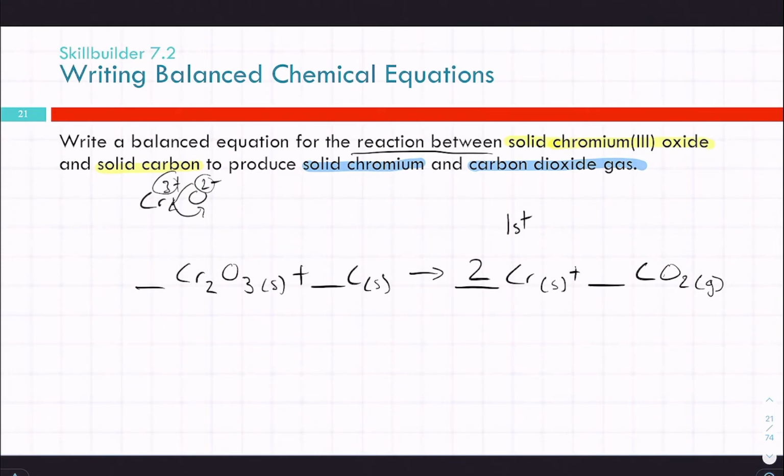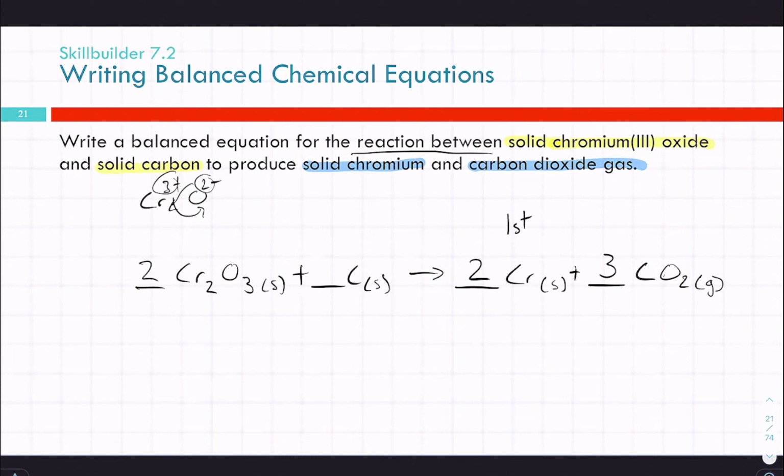We can move on to the oxygen. So we have 3 oxygens and 2 oxygens. The easy way to do this is if you have 3 on one side and 2 on the other, you swap those as the coefficient. So since this is 3 and 2's over here, I'm going to put a 2 here. I'm going to put a 3 here. Because now both of those are 6. I guess we probably should have started there.